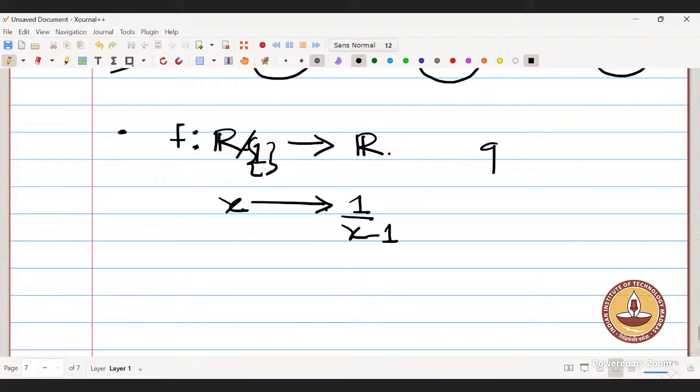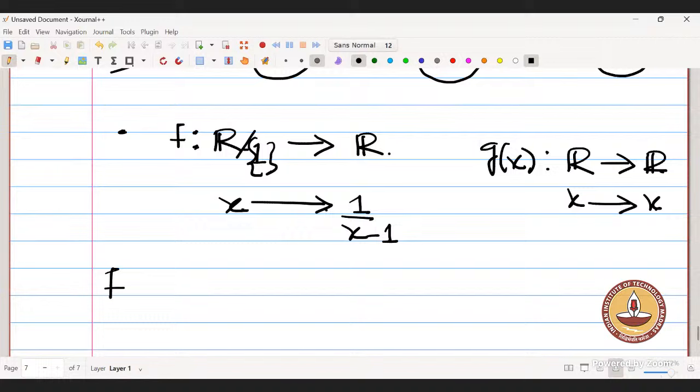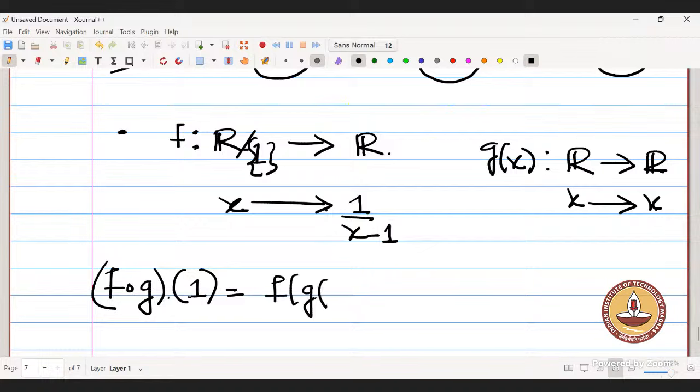And my g of x is also a map from R to R. If I consider f compose g, the domain of g is basically R. If I evaluate this composition at 1, what will I get? f of g of 1, and now I'm getting f of 1.